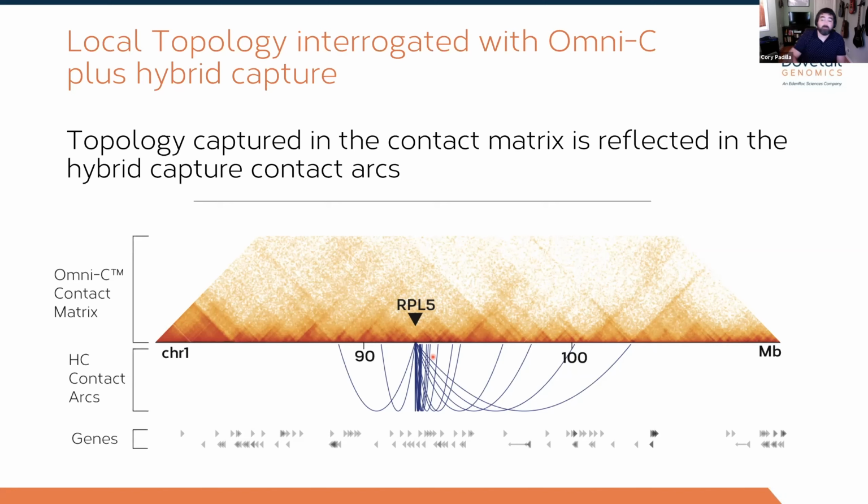Well, it gets turned off because that promoter has been moved so far away from its target enhancer.